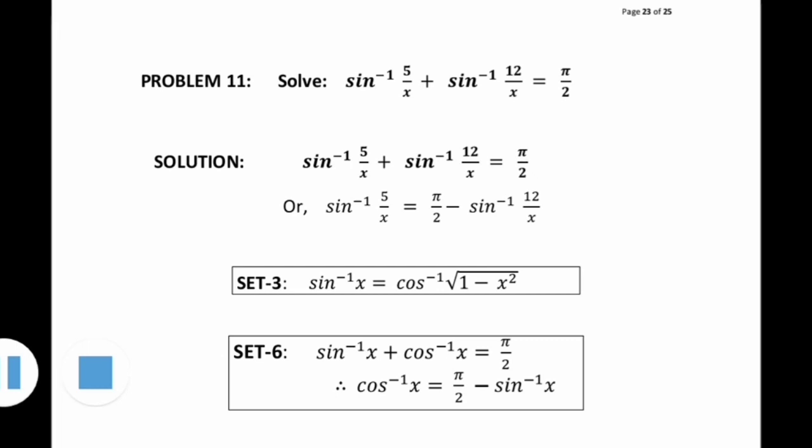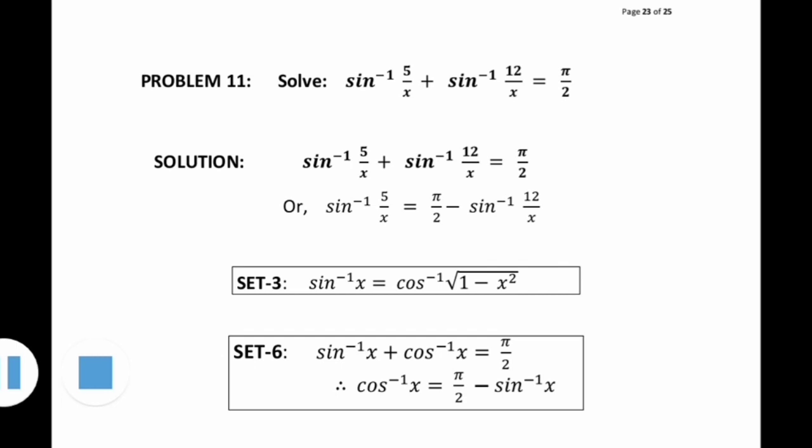Now consider the second term in the left hand side. Let us bring it to the right hand side and get the second step as sin inverse 5 by x equals to pi by 2 minus sin inverse 12 by x. Now here in the left hand side we have to apply one formula from set 3, which is written in the box, that is sin inverse x equals to cos inverse square root of 1 minus x square.